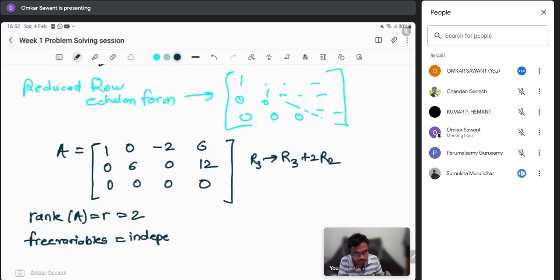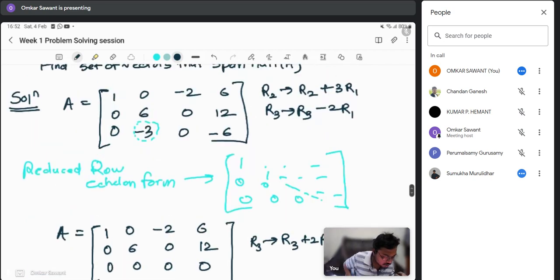In the last transformation, shouldn't it be twice of R3 plus R2 to make the last row 0? Yes, R3 gives twice of R3 plus R2. Sorry, yes, or you can write this, correct?